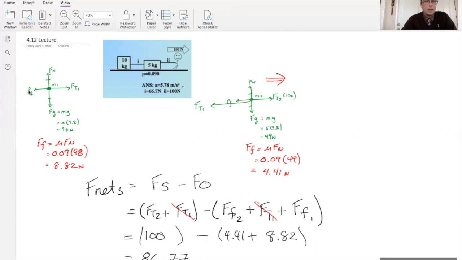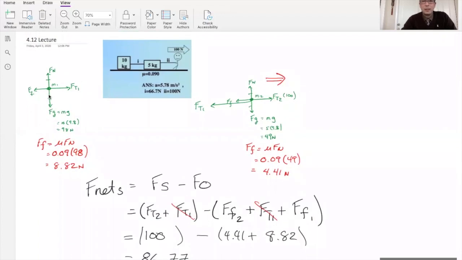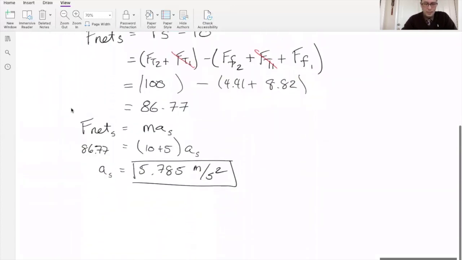So we're now going to use the acceleration that we know M1 has, and we're going to apply it just to this object, not the whole system, single object only. Because remember, the point of this section of notes is to know that you use the whole system, all objects, to find the acceleration, but you use a single body analysis to find a force. So we're going to find force tension 1 now by just working in object 1.